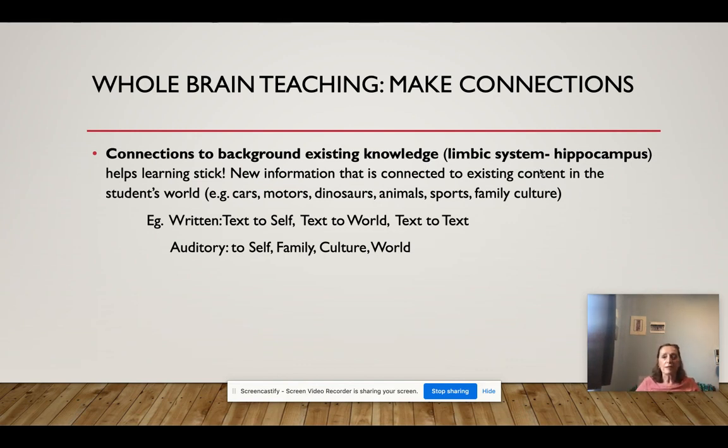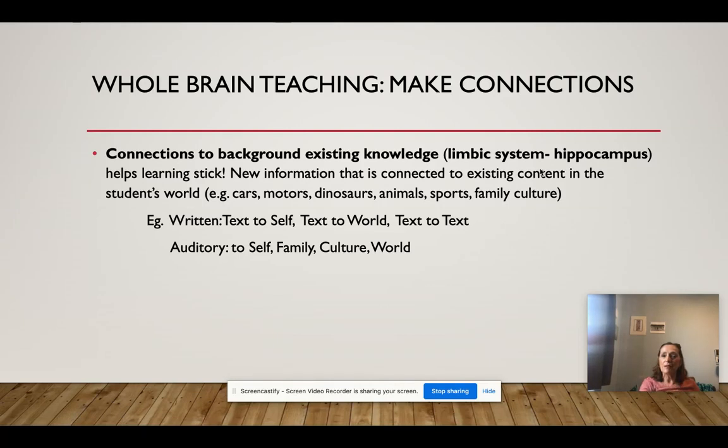Now, it could be dinosaurs that you're comparing things to, or animals, or sports, something in a family's culture. And, just as I shared with you about a book I read before when we were talking about instruction, I was comparing to a text I read.